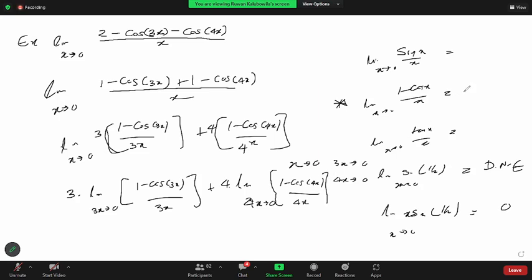What is the value of this? 1 minus cos x divided by x when x approaches 0, is it 1 or 0? 0, right? So these terms you can write 0, these terms you can write 0. So 3 times 0 plus 4 times 0, the answer is 0. So this is the answer.